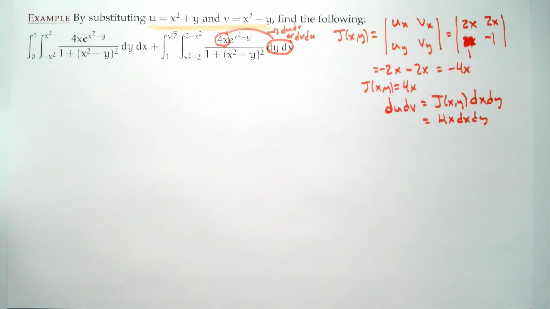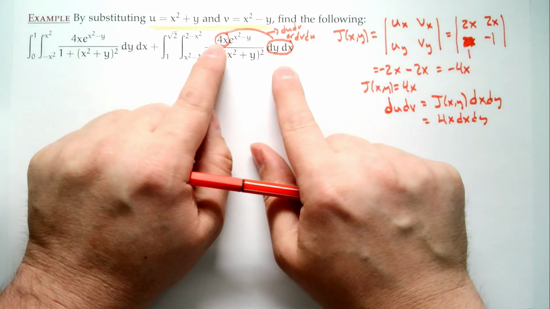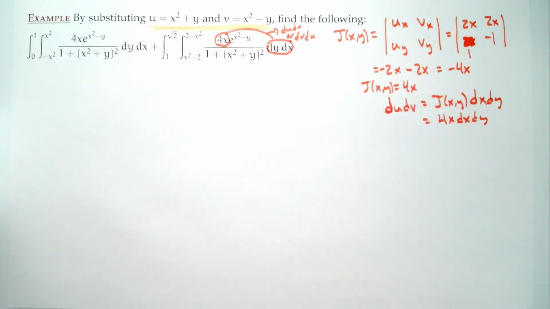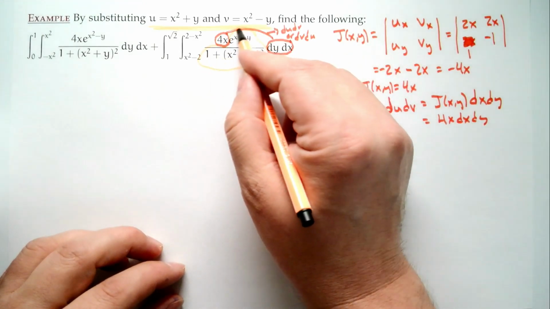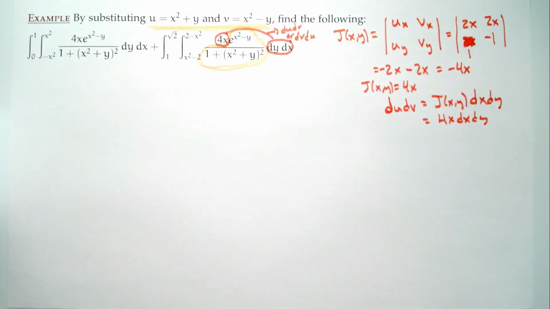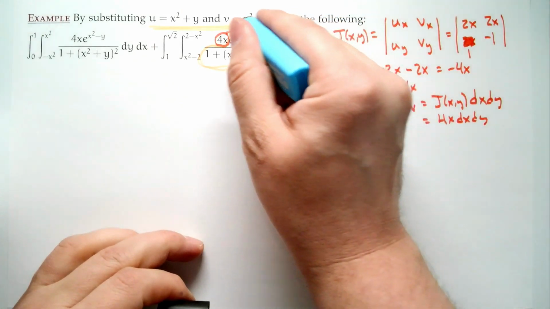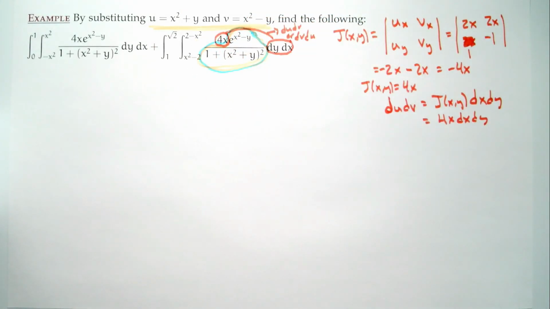So when I rewrite the function, I leave the 4x alone. The part that I care about is the rest of it: e to the x squared minus y over 1 plus x squared plus y squared, quantity squared. And I should stop writing in pen, because that doesn't show up on the screen. So when I talk about changing the function, it's the other stuff that's not rolled up into the Jacobian.